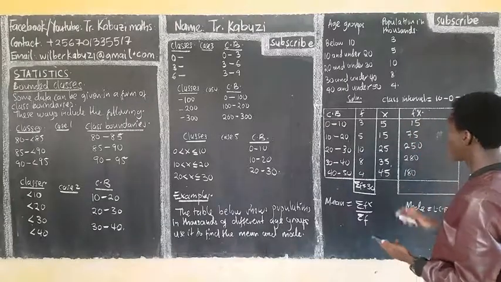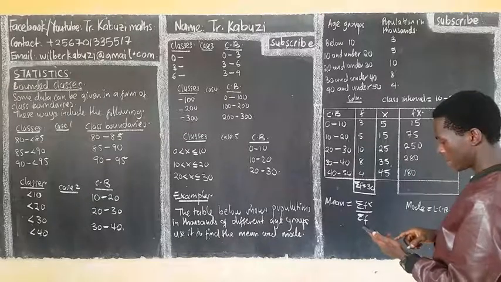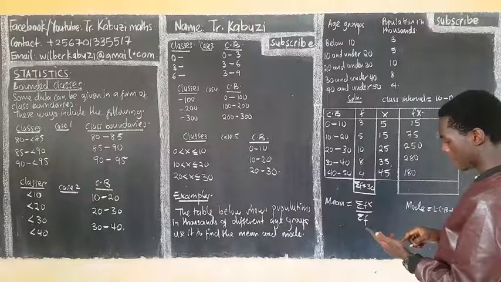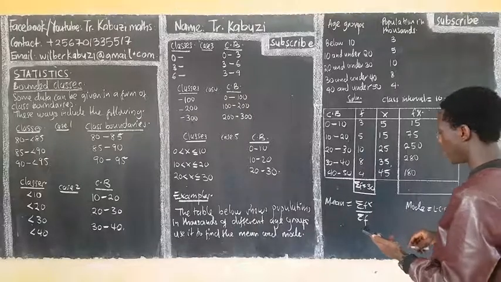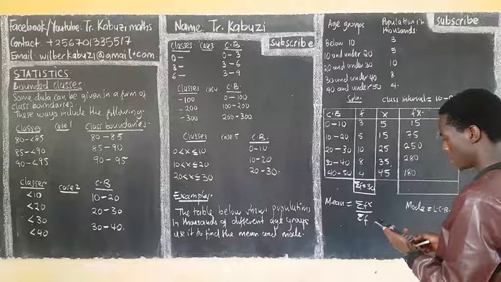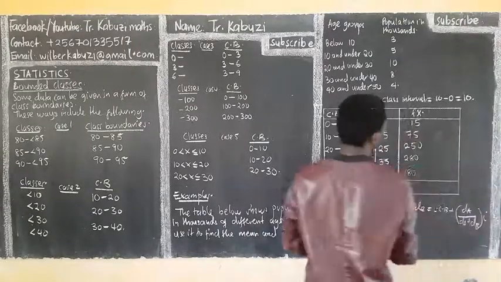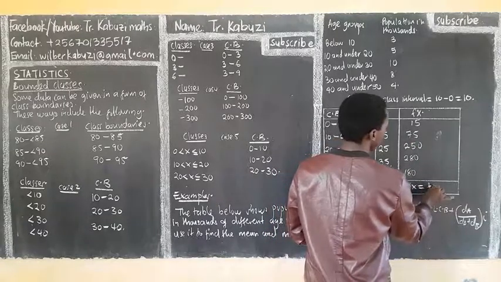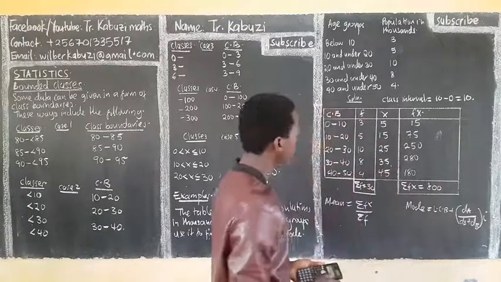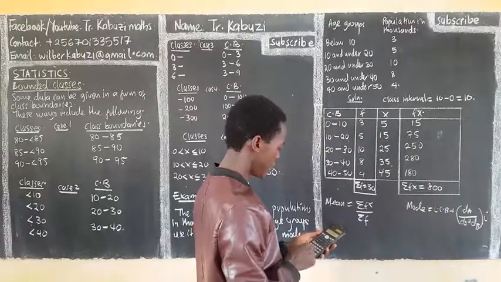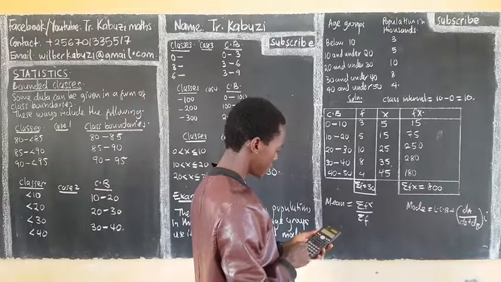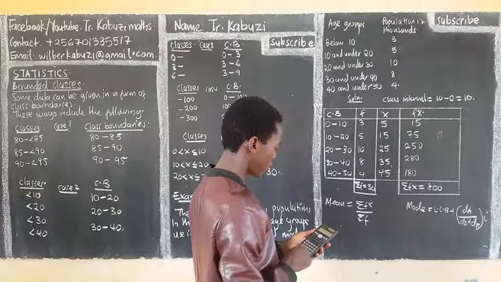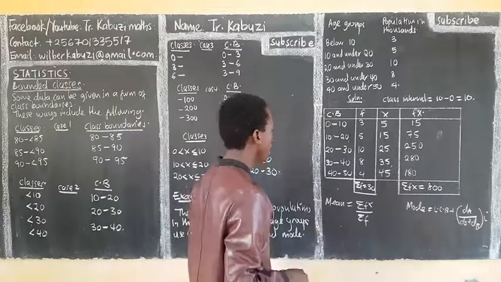Then when we add all this, I'm getting 800. So when you sum fx, 800. So, with 800, let me confirm again. You lose nothing if you are not sure, if you are not contented with the answer.